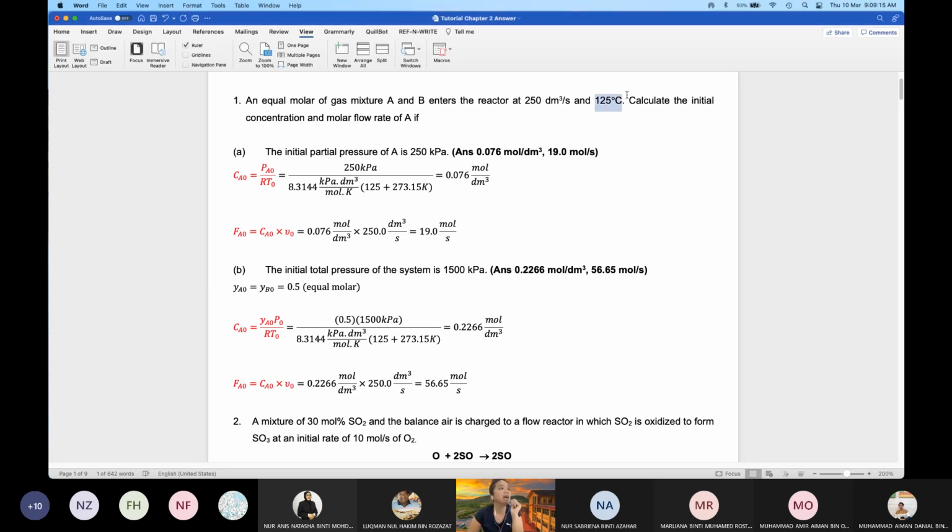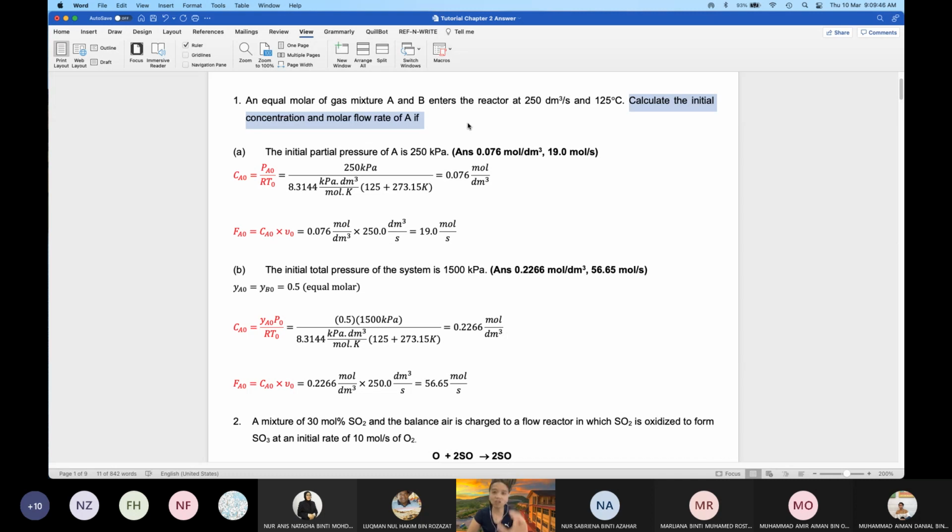Okay, they say calculate the initial concentration and initial molar flow rate of A. So what do they want to find? They want to find the initial concentration of A. You know concentration, the symbol is C. Then concentration must be specific to the compound. Since this is for compound A, C subscript A. Then don't forget, for concentration you have initial and final concentration.